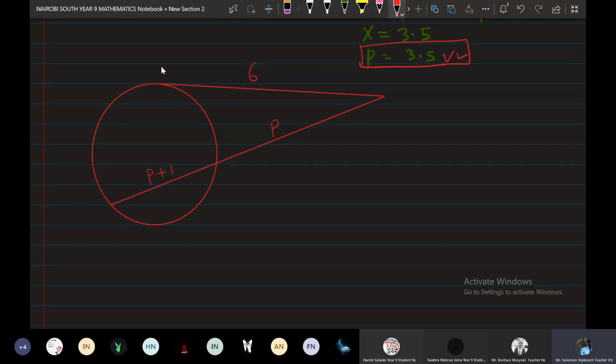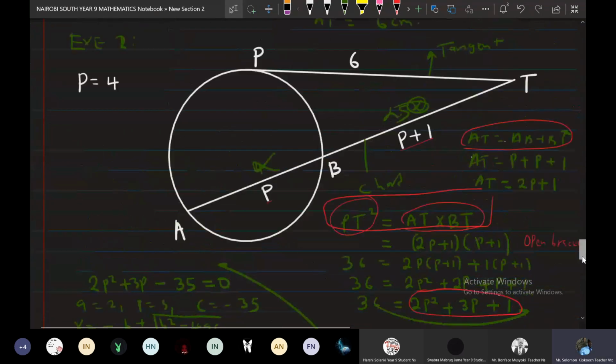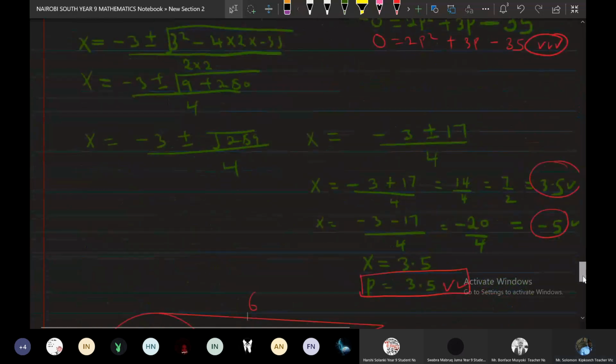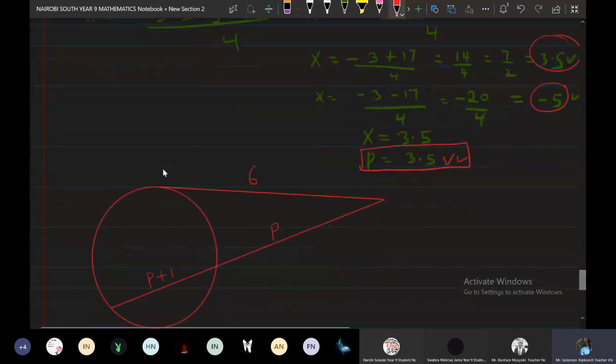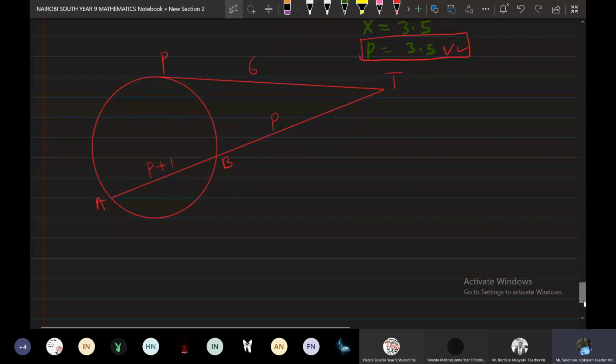So let me use the same values, the same length. That is PT. This is P and this is T. And then you have this is A and this is B. Good. Now, we want to go stepwise so that you don't get lost.